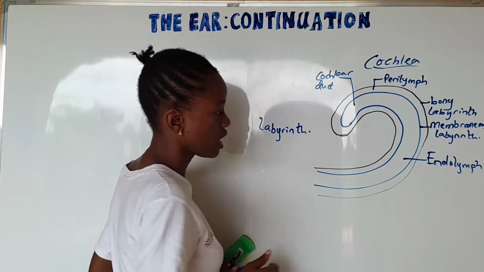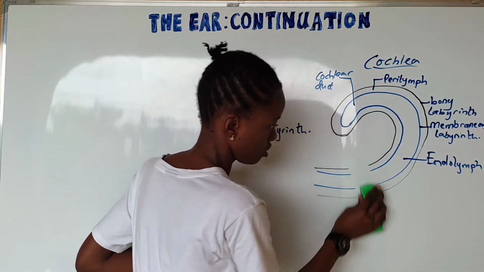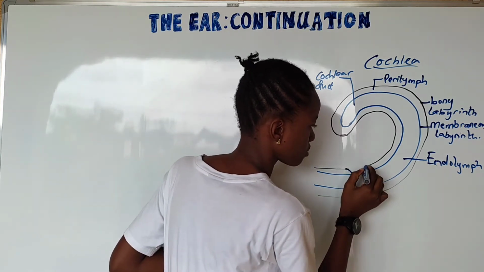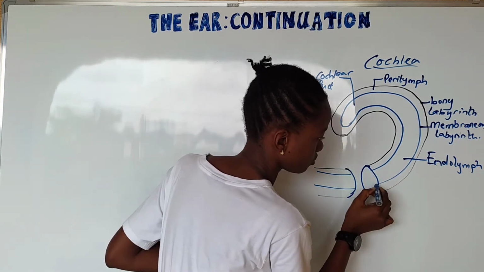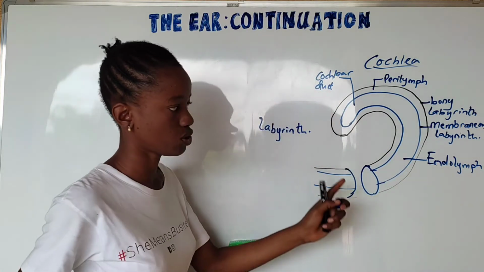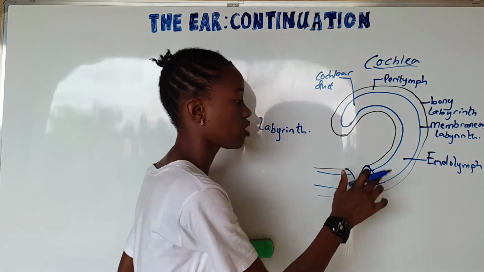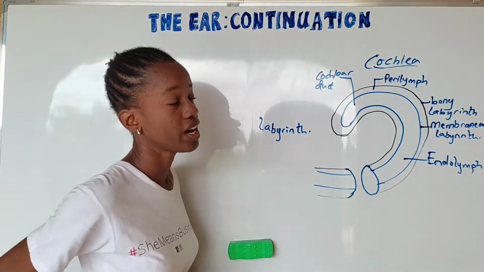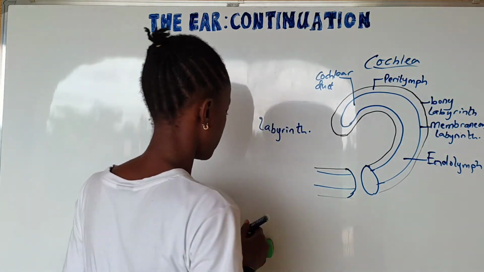Now we are going to look at the cross section of the cochlea. We are going to take this diagram and enlarge it.